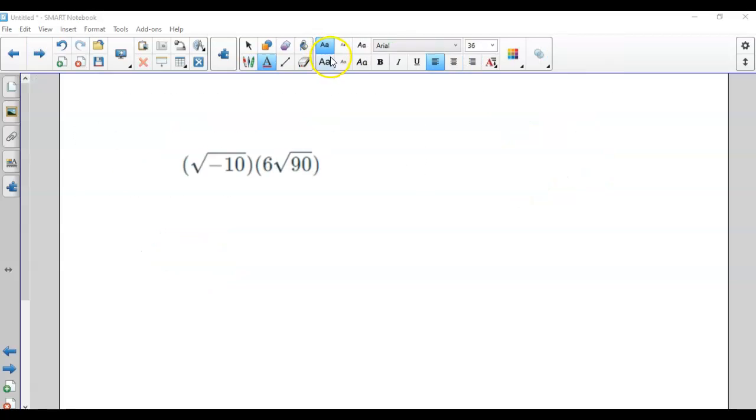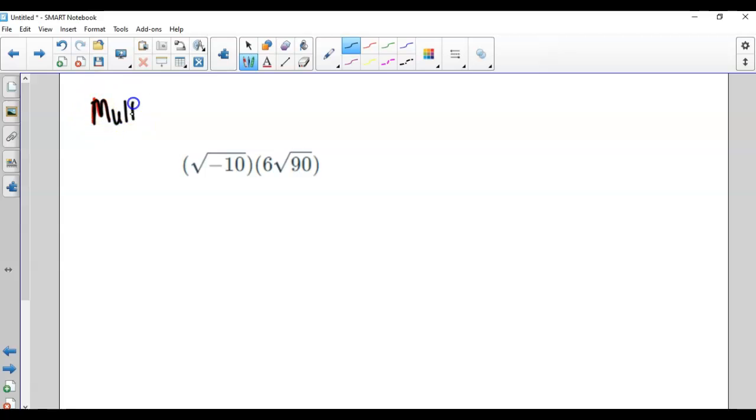All right, so we're going to look now at multiplying these complex numbers. Whenever we're multiplying here, the general rule is you multiply the things under the square root together and the things that are not under the square root together. There is some exception.